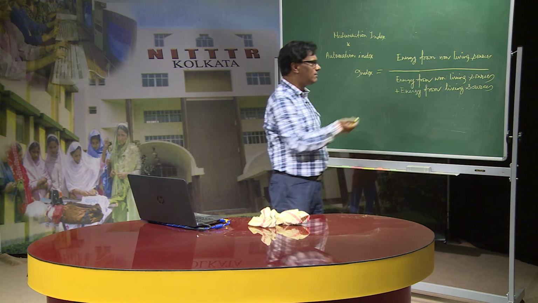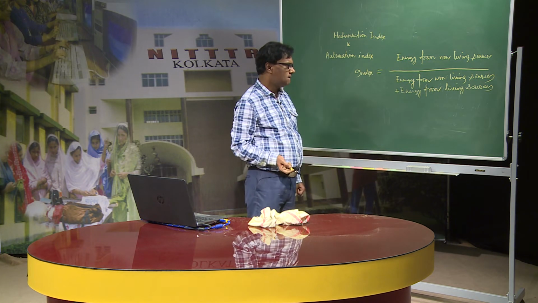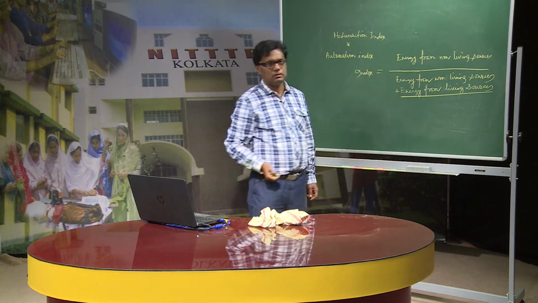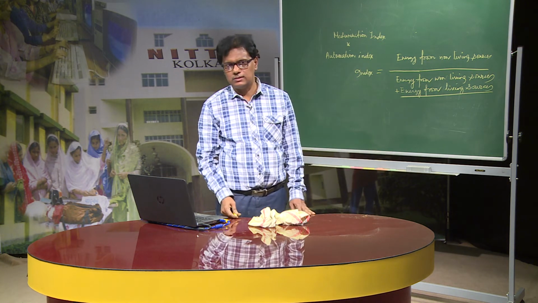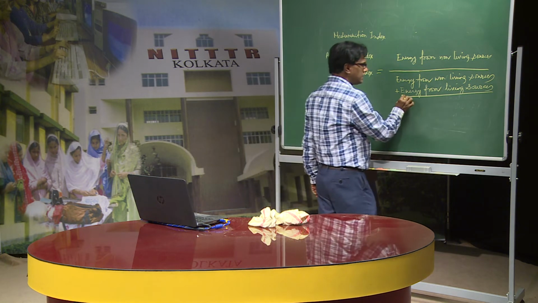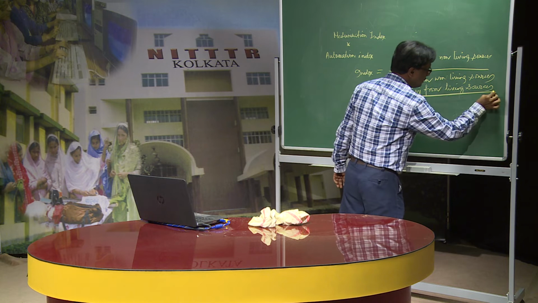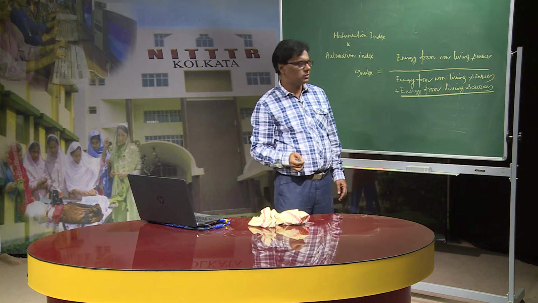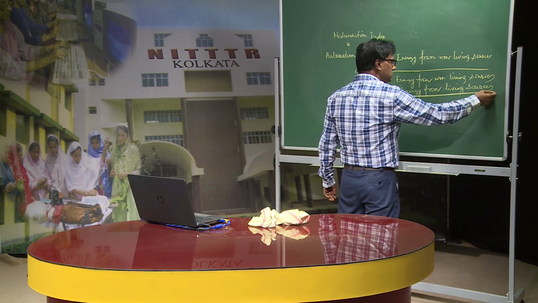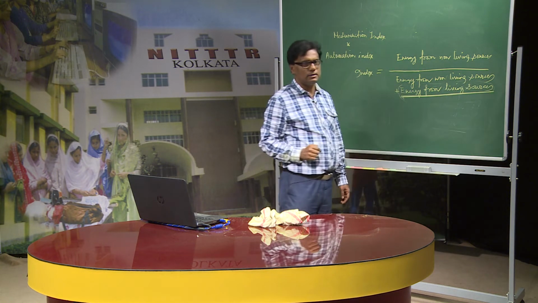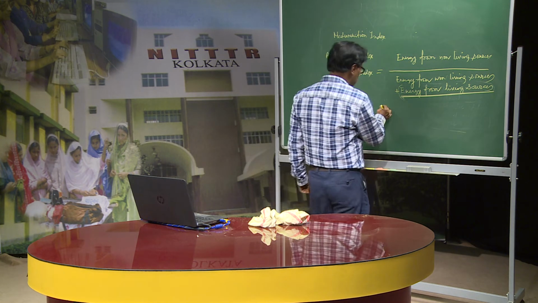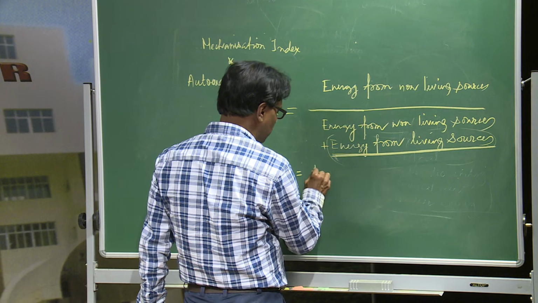Now, if you observe these things, these living sources mean actually the operators, the labor. If it is 0, what happens? That means this automation index becomes 1.